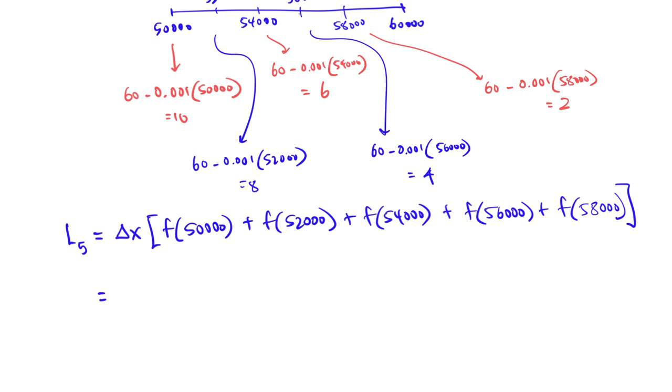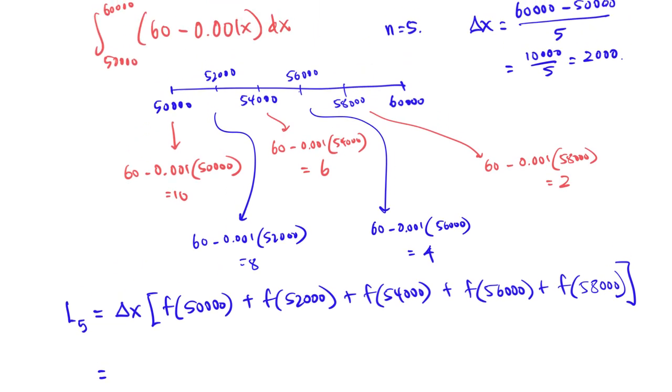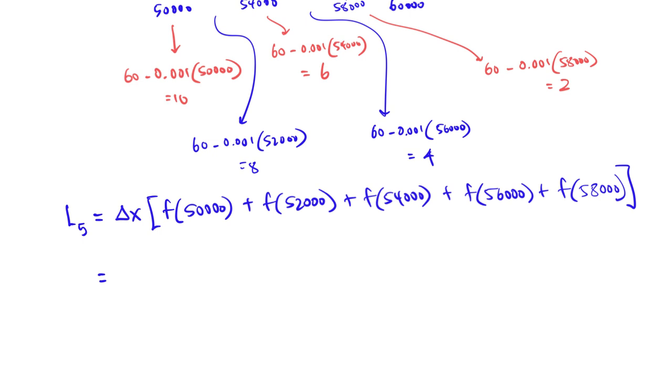Delta x is the width, and we found that delta x is 2,000. And so we have 2,000 times f of 50,000 is 10, f of 52,000 is 8, f of 54,000 is 6, f of 56,000 is 4, and f of 58,000 is 2.